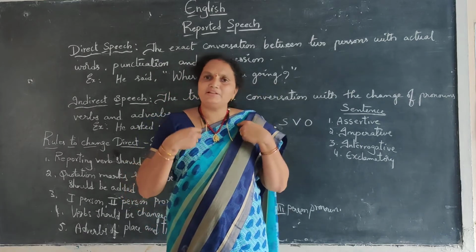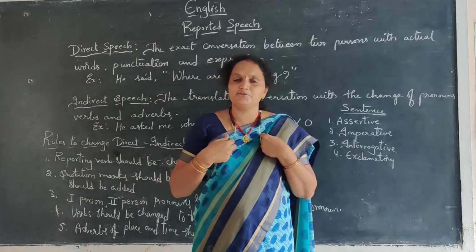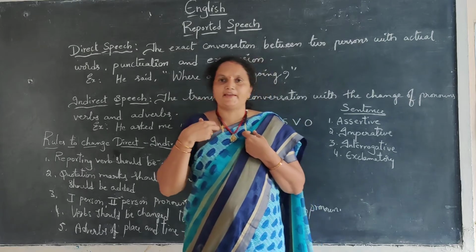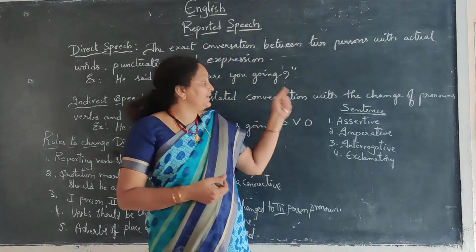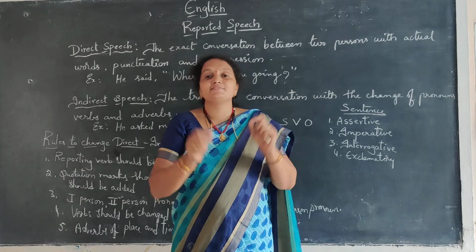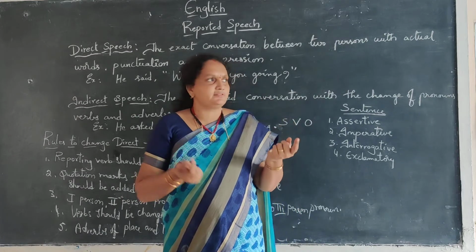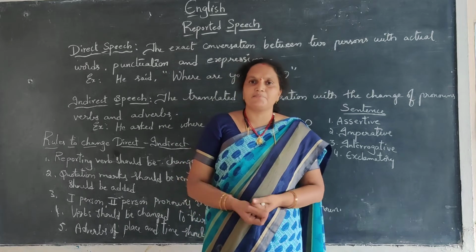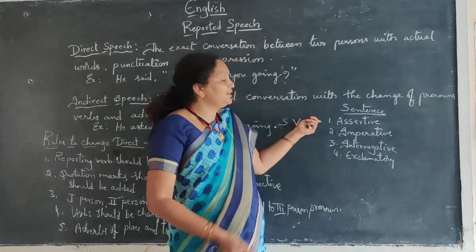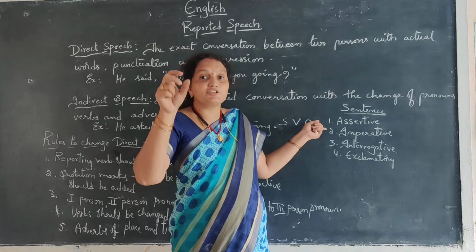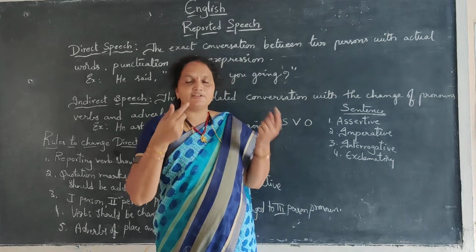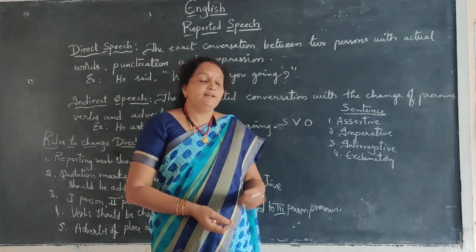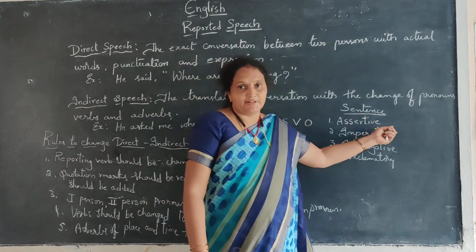That is only a statement. You need not give any reply. So that is an assertive sentence. It's a hot climate outside, I say. That's a statement. Whatever I say without expecting anything from you, and you just listen to me, that is an assertive sentence.